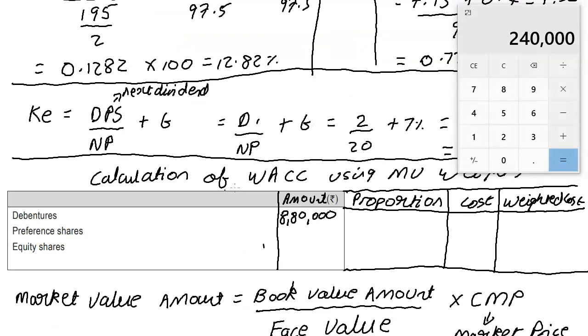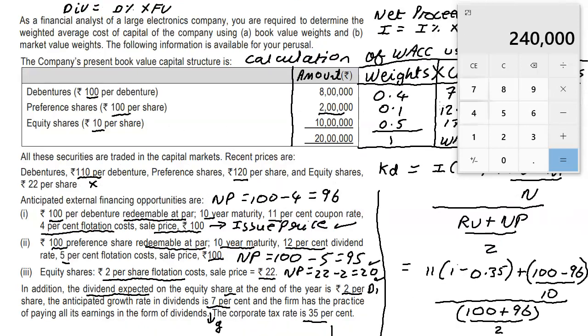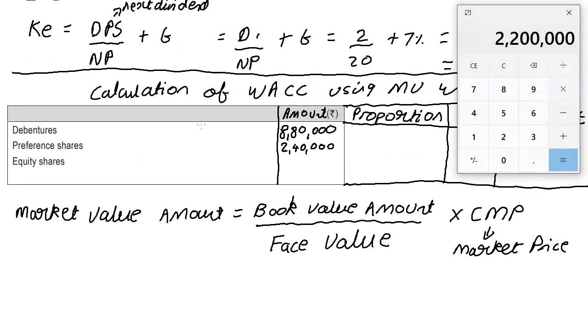Okay, and then we have equity shares. 10 lakhs upon 10 multiplied by the market price of the share, which is 22. So into 22, which gives us 22 lakhs.